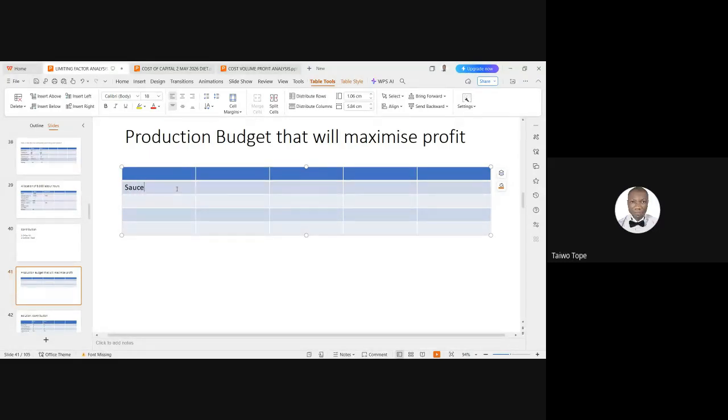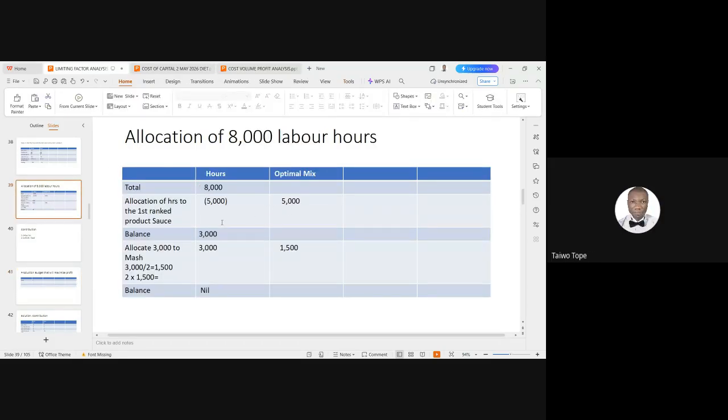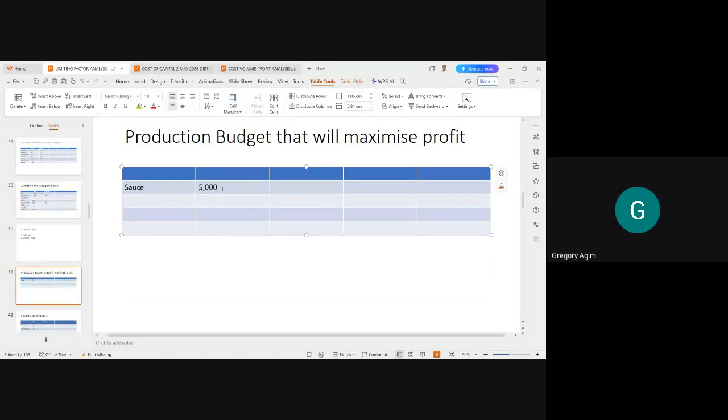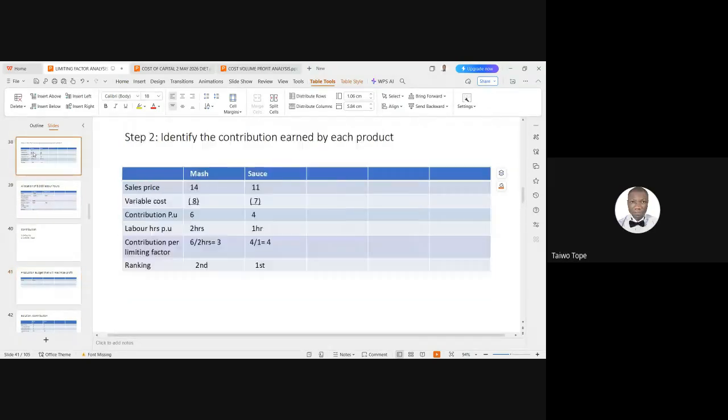Now for source, the number of units we have is 5,000, right? That is what we can produce. Now, your contribution per unit is what? 4 naira.